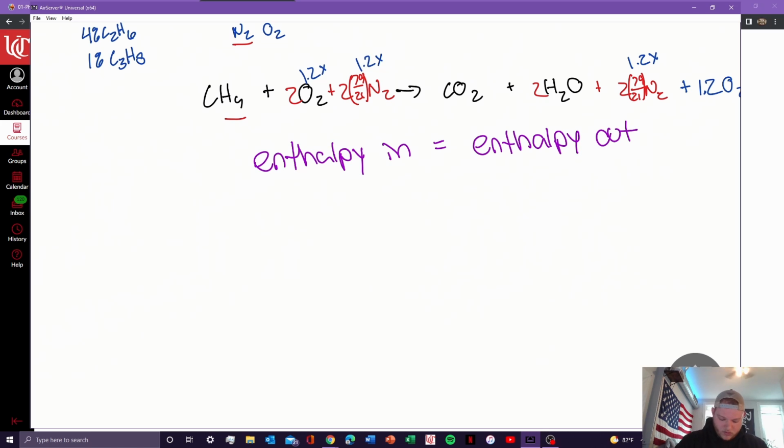capacity, which is equal to the change in enthalpy with respect to the change in temperature at constant pressure. So we can use the heat capacity to relate our two enthalpies together.